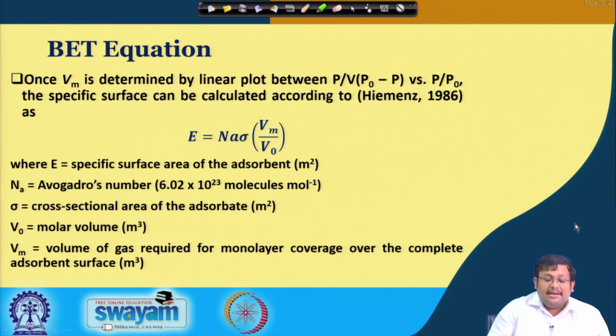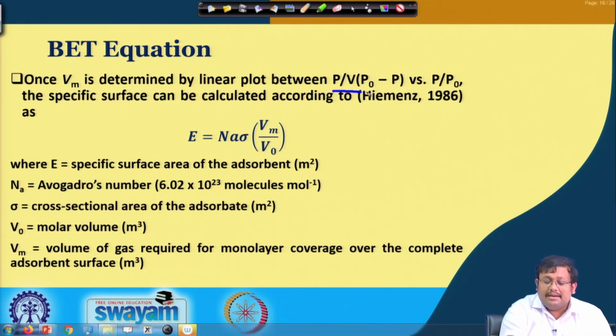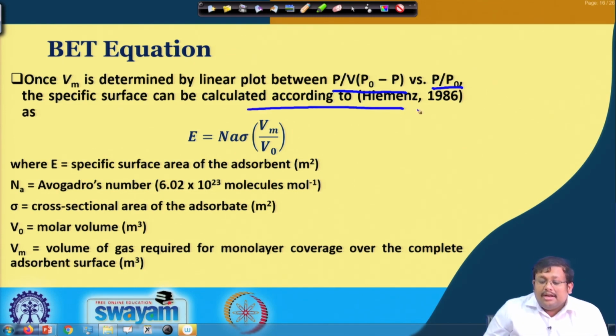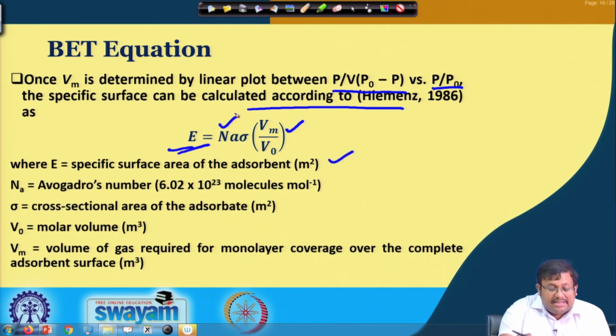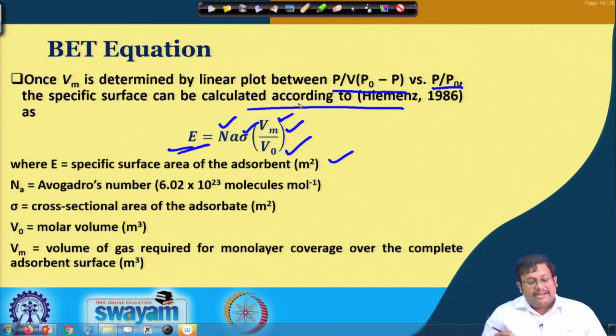Once Vm is determined by linear plot between these two terms, P by V into P0 minus P and P by P0, then the specific surface area can be calculated according to this formula given by Hines, that is E equal to N sigma multiplied by Vm by V0, where E is the specific surface area of the adsorbent measured in square meter, and N is Avogadro's number, which is 6.02 into 10 to the power 23 molecules per mole, and sigma is the cross sectional area of the adsorbent in square meter, V0 is the molar volume in cubic meter and Vm is the volume of gas required for monolayer coverage over the complete adsorbate surface.